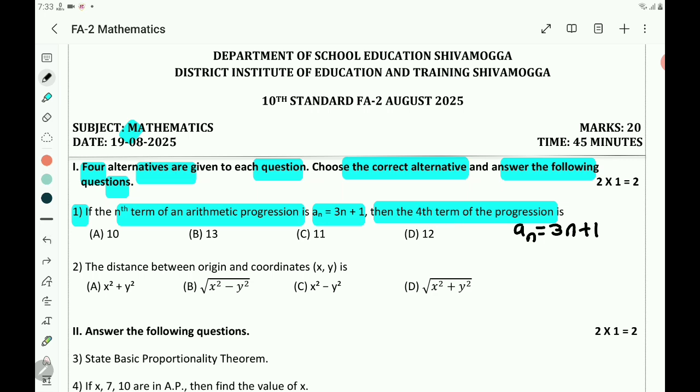Fourth term is asked, that is a4. a4 equals 3 into, in the place of n, we must write 4. Fourth term is to be found out. 3 into 4 plus 1, which equals 3 4s are 12 plus 1 equals 13. So a4 equals 13. Then what is the answer? Option B is the answer.